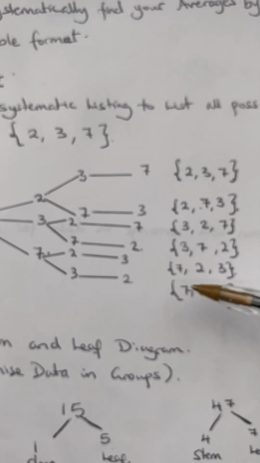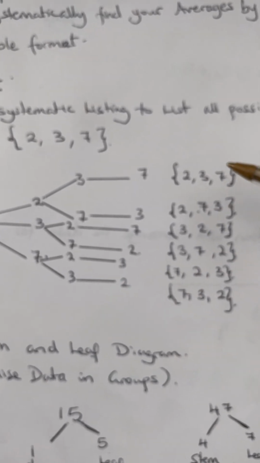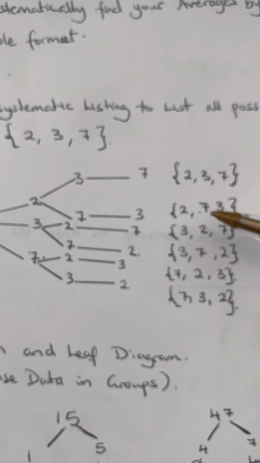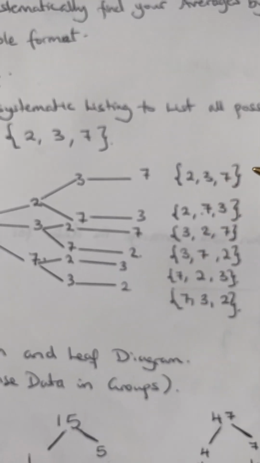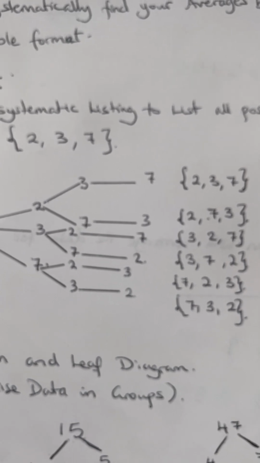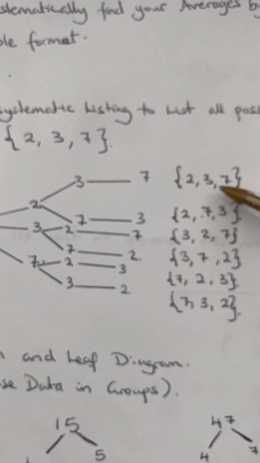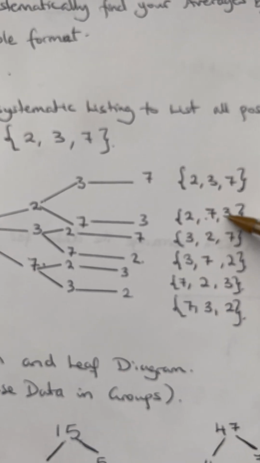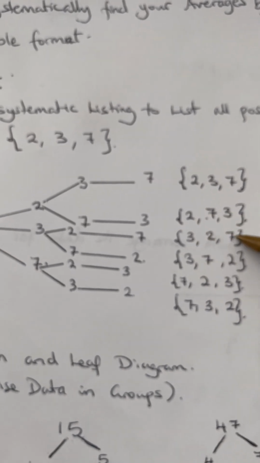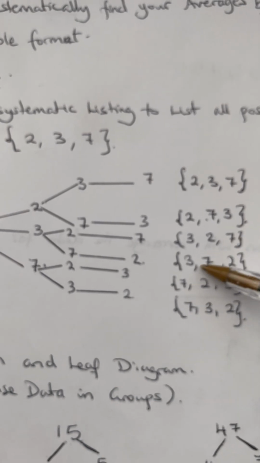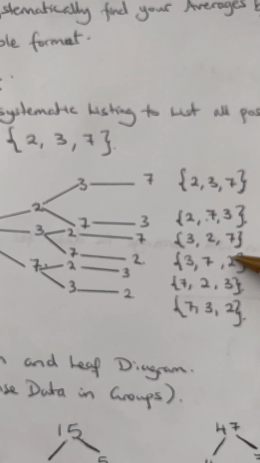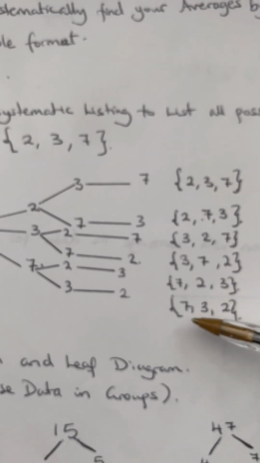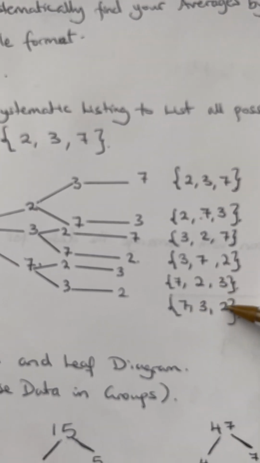We've talked about mutually exclusive events where you wouldn't have two events occurring at the same time. So now you have 2, 3, 7; 2, 7, 3; 3, 2, 7; 3, 7, 2; 7, 2, 3; 7, 3, 2.